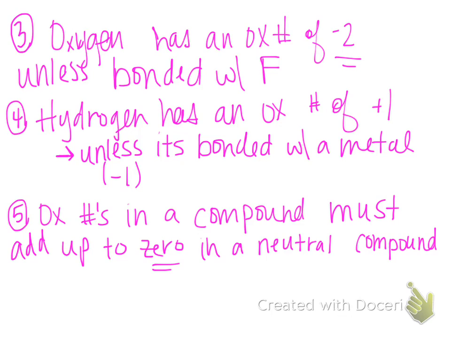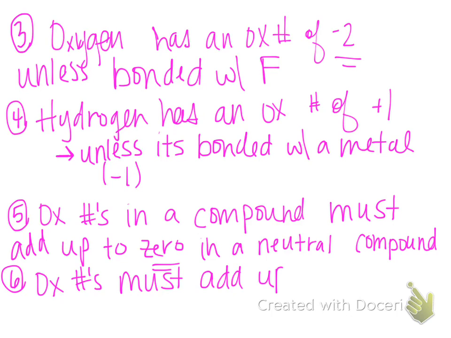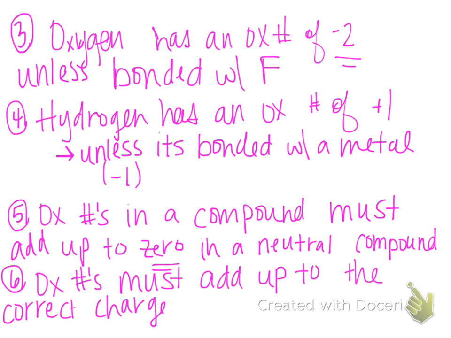So oxidation numbers in a compound must add up to 0 in a neutral compound, or oxidation numbers must add up to the correct charge of the ion. Okay, and what is the definition of an ion?